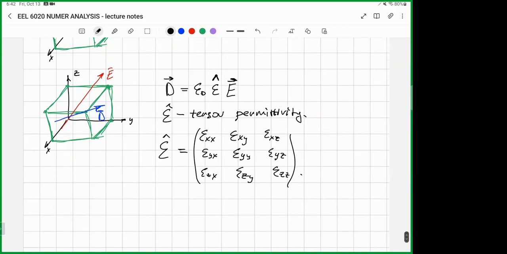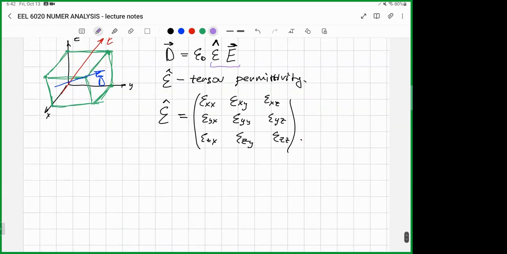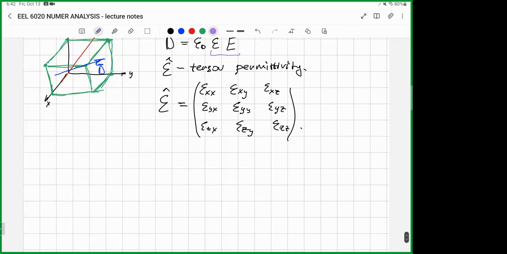And the product of the tensor with the vector should be taken like a product of this matrix with the vector E in the column way, like Ex, Ey, Ez. And so now we have this 3 by 3, 9 components of this tensor, right?